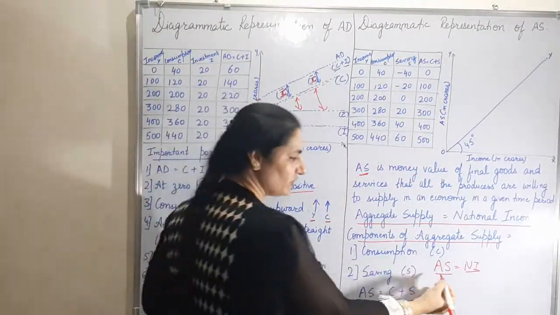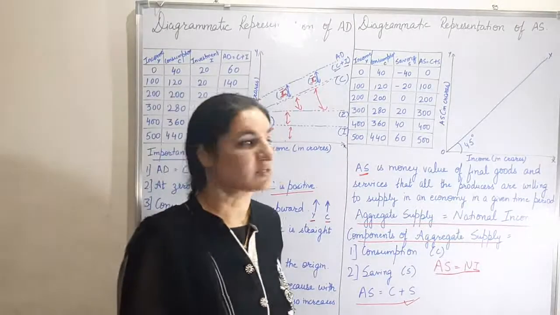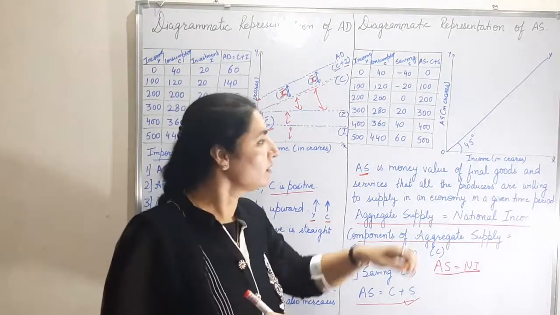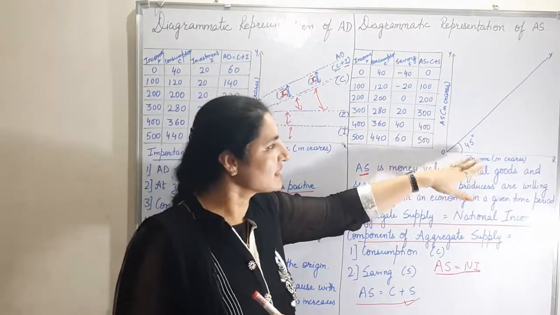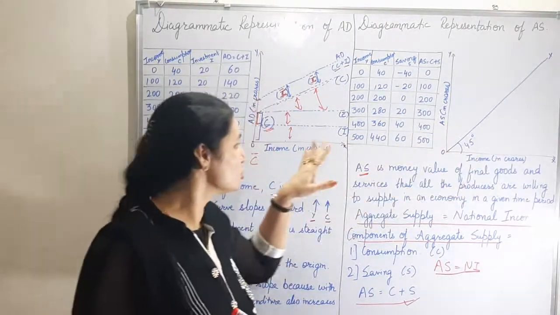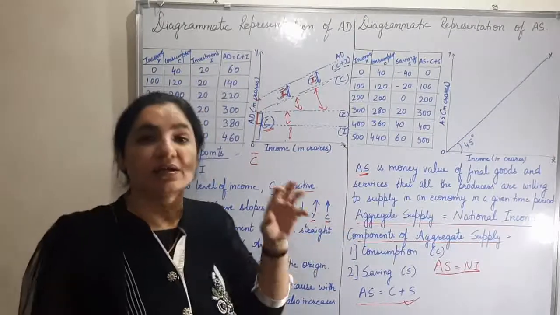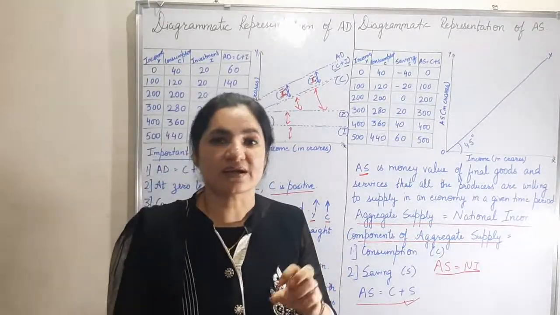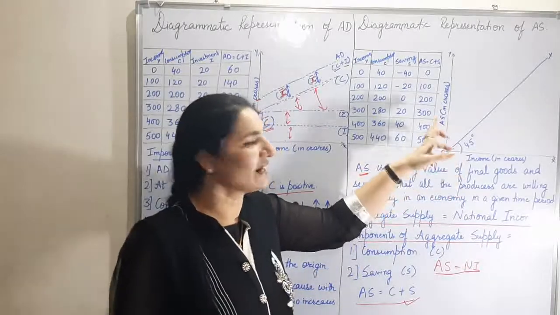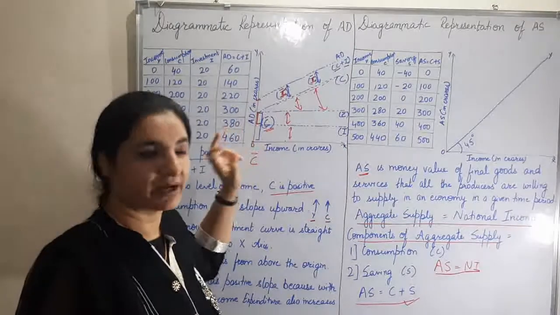Now, the thing to be focused on here is that income and aggregate supply are both equal. This we have considered, that aggregate supply is equal to national income. This is the reason that on both the sides, that is x-axis and y-axis, on one axis we are taking income. Here also we have taken income on the x-axis, because we are required to create the concern or relativity of income with that of aggregate supply, and here income with that of aggregate demand.